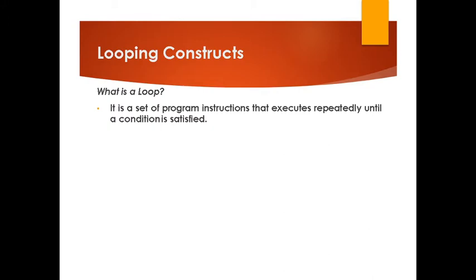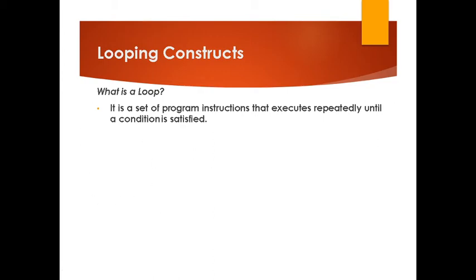So let's start. So what is a loop? A loop is a set of program instructions that executes repeatedly until a condition is satisfied. So again, it will execute repeatedly until the condition is satisfied.